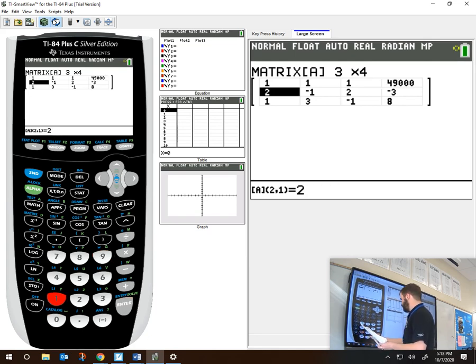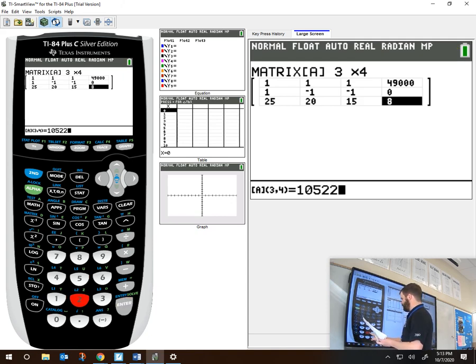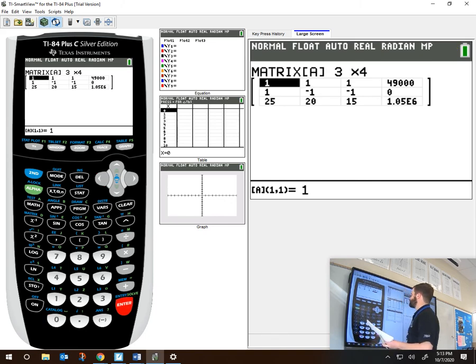And we're going to go 1, enter, negative 1, enter, negative 1, enter, 0, 25, enter, 20, enter, 15, enter, 1,052,000. Okay, so there is my matrix.